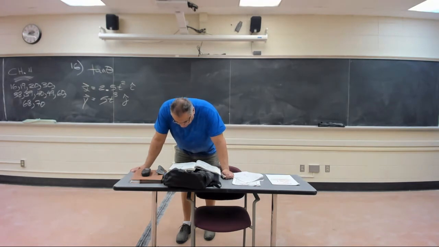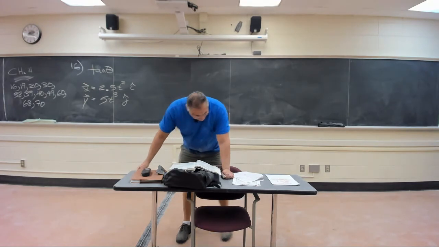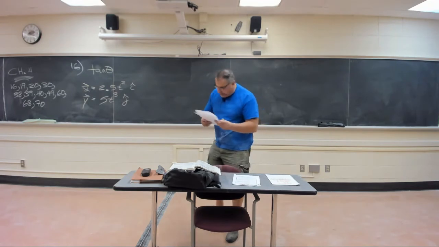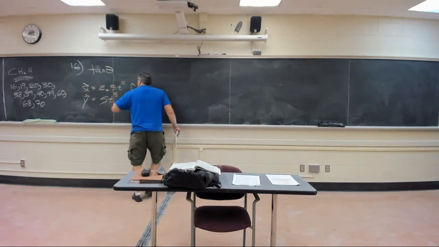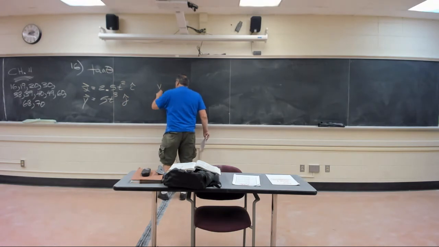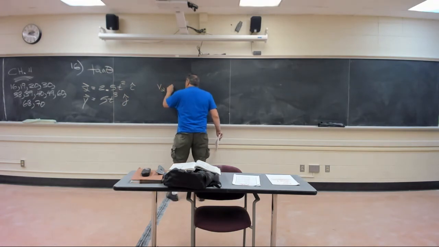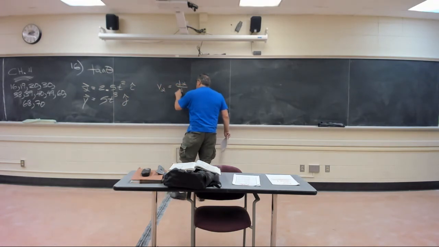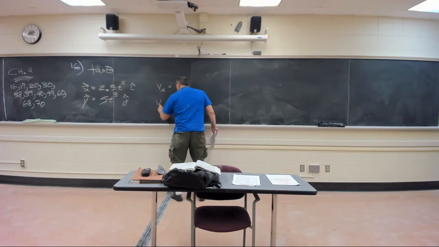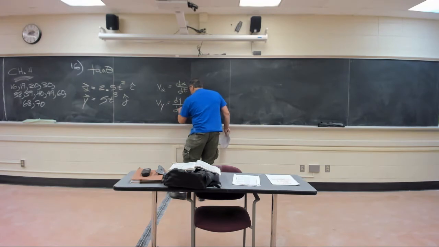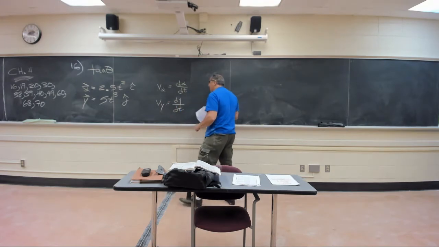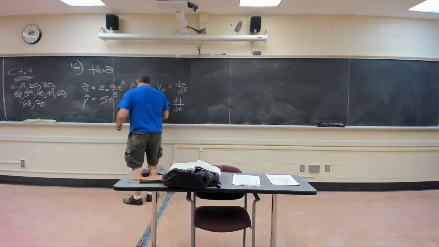So if it's given like this, we got to be extremely careful. This is position, whereas velocity is going to be dx dt, or dy dt, depending what you're talking about. So you got to be really cautious of what's going on here.